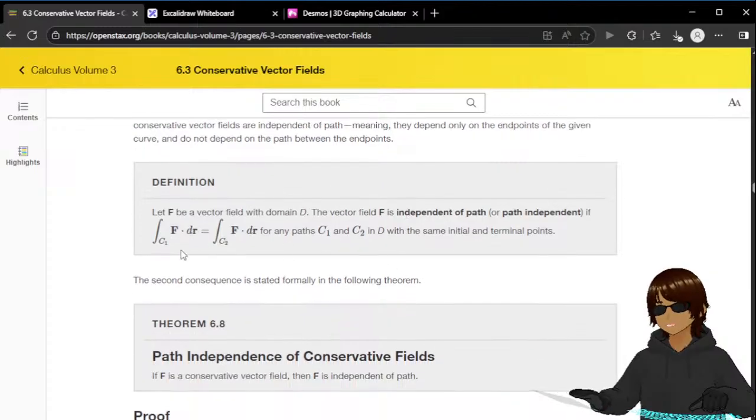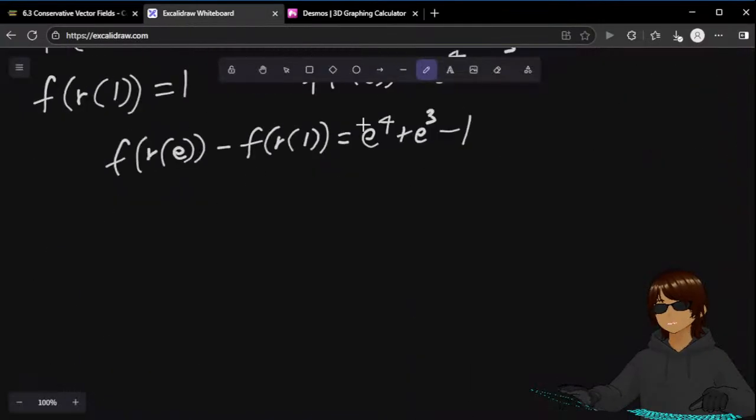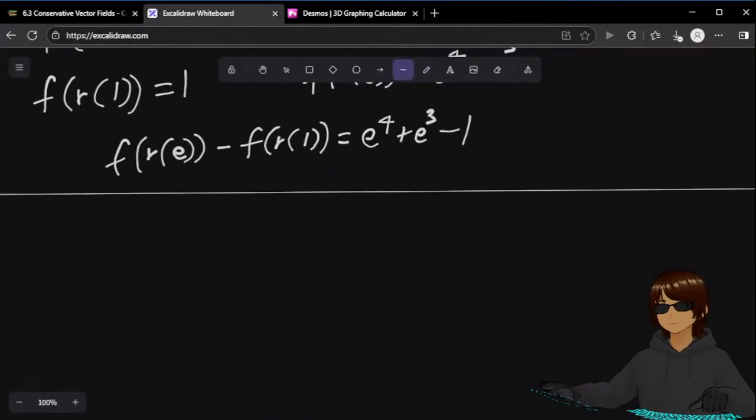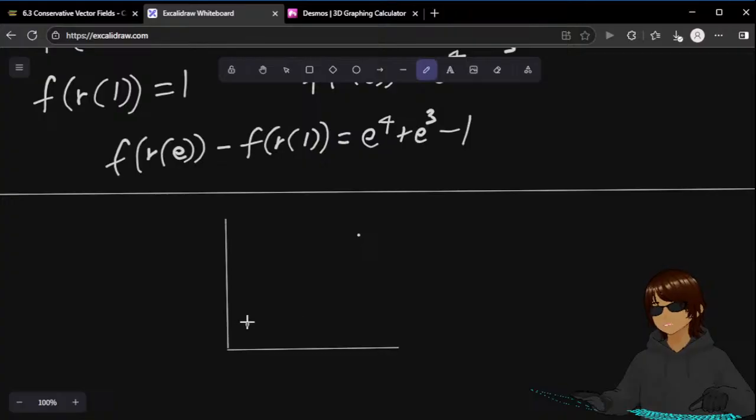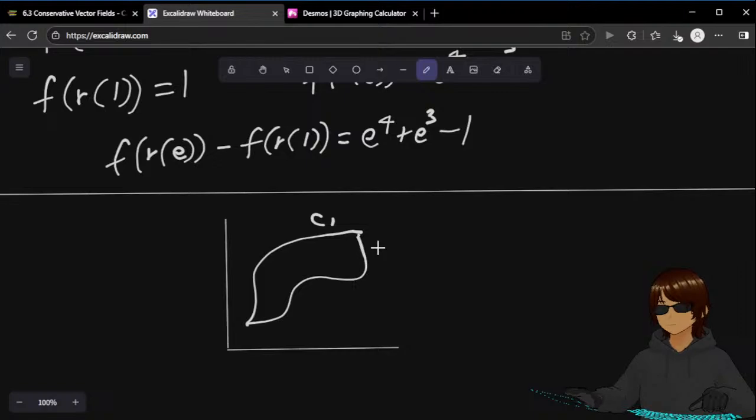It's independent of path if the integral over C1 is equal to the integral over C2 for any paths C1 and C2 in D with the same initial and terminal points. Yeah, I think what they're saying is you have the same starting point, the same end point, you have C1 and then C2.